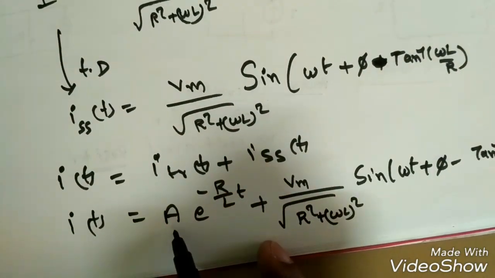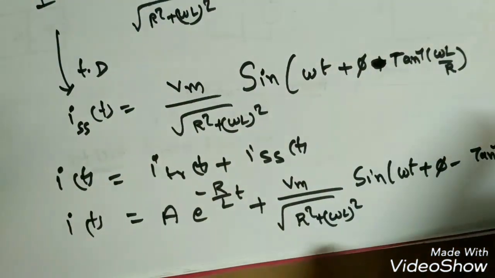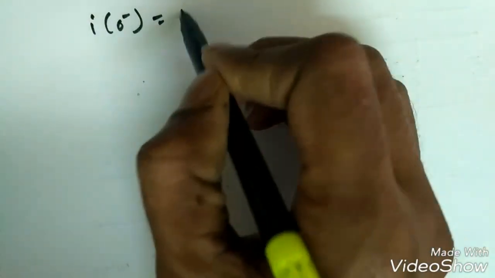Now to find A, that is a constant, we will use the initial value. So what is the initial value we got? I of 0 plus equals I of 0 minus, which is nothing but 0, right?